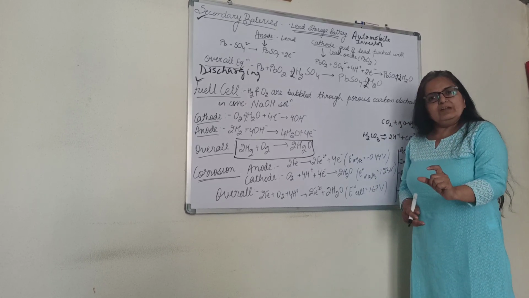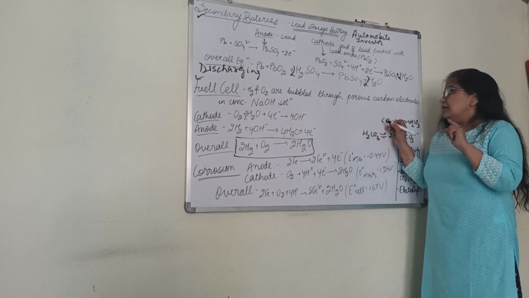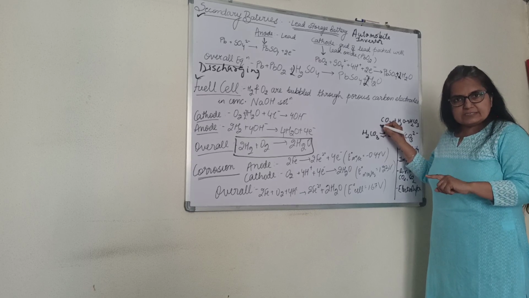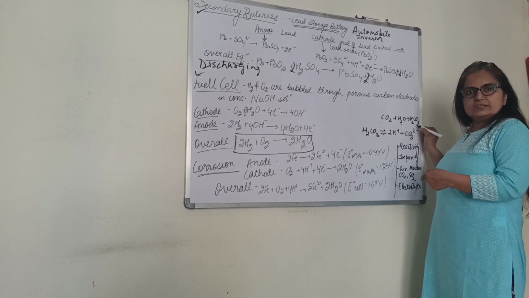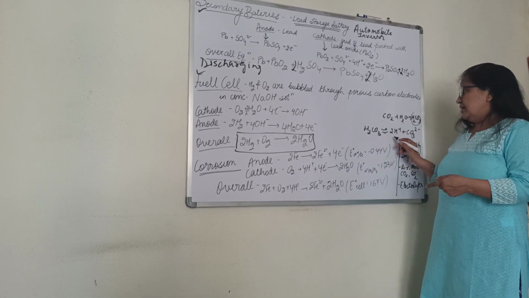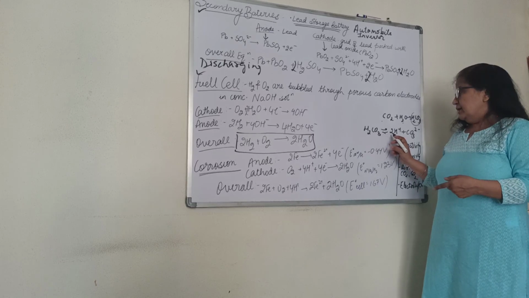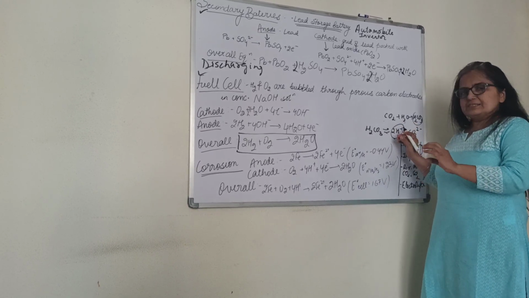So this metal will be acting as the anode, undergoing oxidation. Atmospheric carbon dioxide reacts with the moisture present and forms carbonic acid. Carbonic acid, though a weak acid, I have written with a reversible arrow. It will form H plus and carbonate ion. H plus ion means slightly acidic.